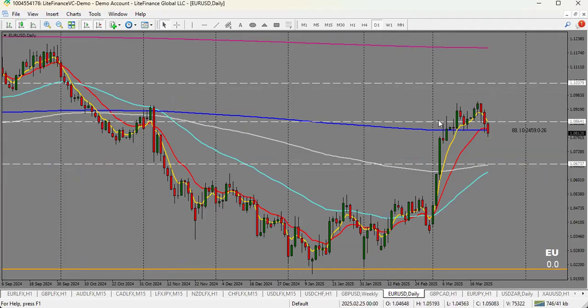This is the daily time frame, and on EURUSD, we saw that last week price was at this level. We expected price to consolidate in this area and continue going up, as price has already established its peak here.